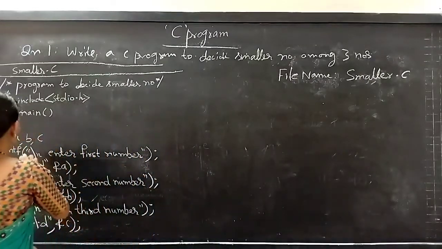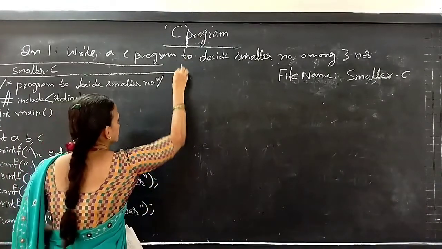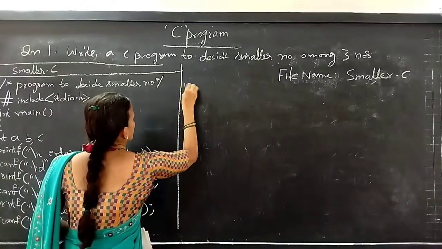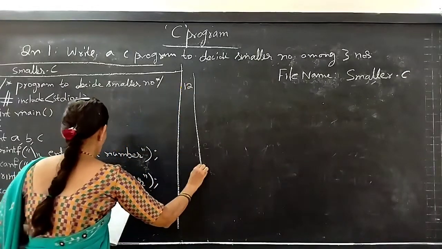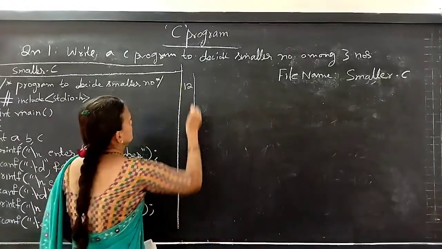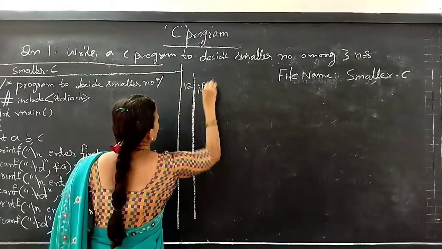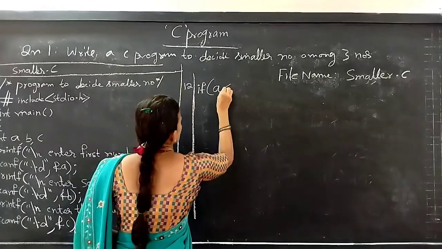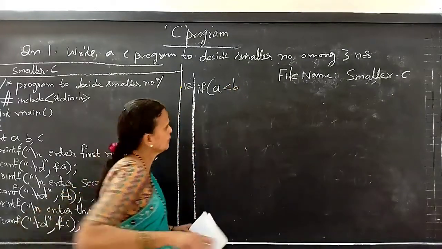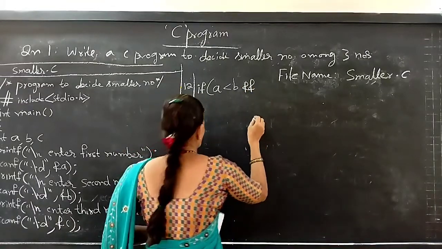Now we have declared three variables and we have to continue writing more. We have finished writing the 11th line, so now we move to the 12th line. You have to write if, open bracket, A is less than B, checking A with B, and the AND symbol you have to write two times.